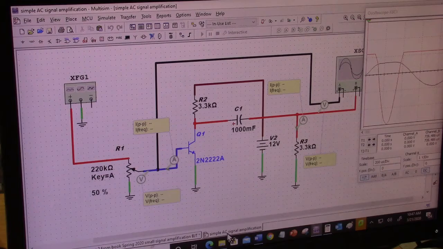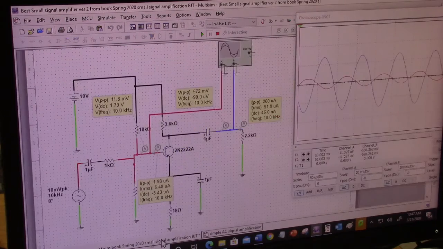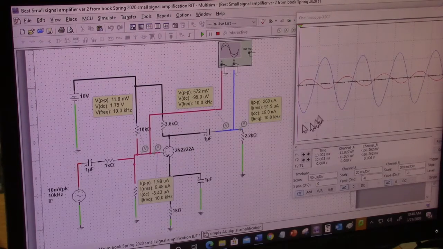I don't have that with this circuit. And part of the reason for that, why this is conducting on both sides, is that I have an input.